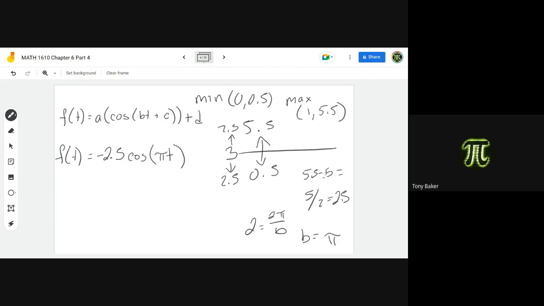So my middle point is 3, and my vertical displacement is 3. We took the whole cosine function and shifted it up 3. So that's the final answer. In this problem, I think they actually asked you to graph it first.